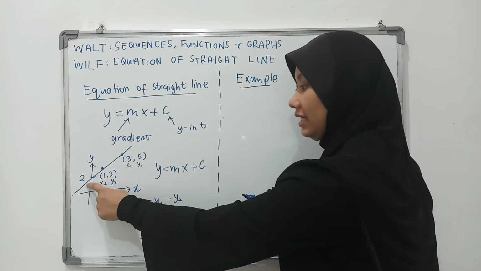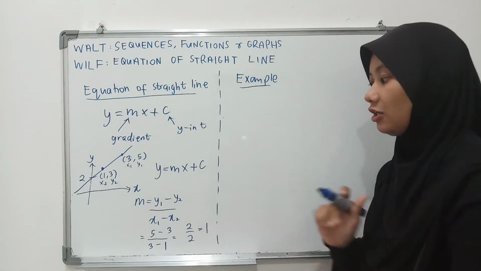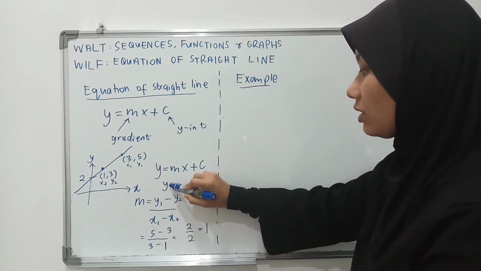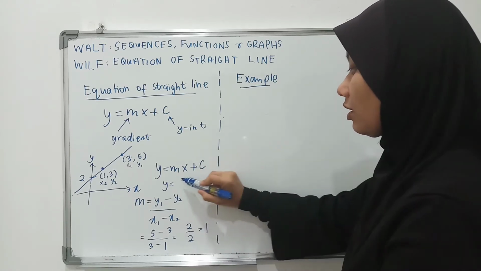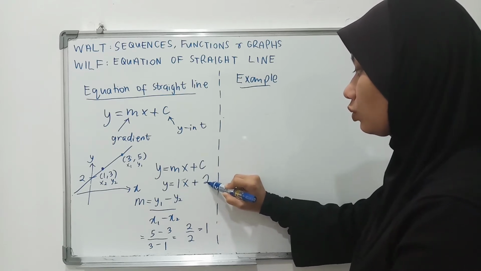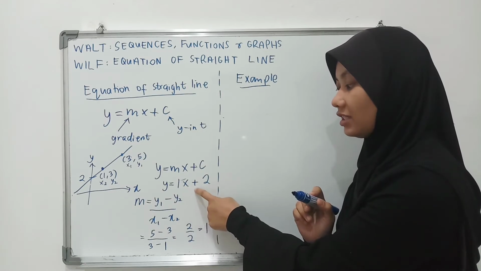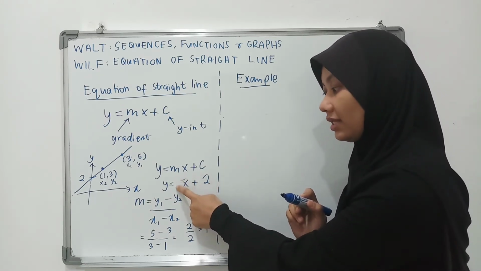My c is equal to 2. So you just key in inside, you will get y equals to 1x plus 2. You don't have to put the 1, you can just erase that.